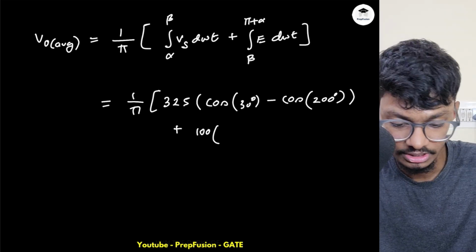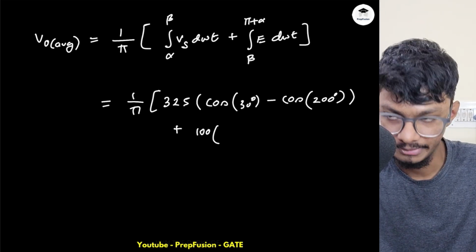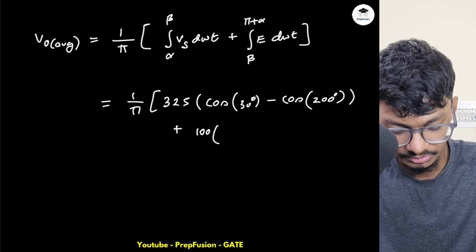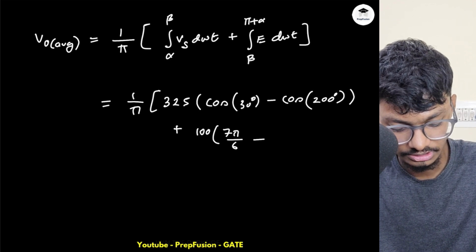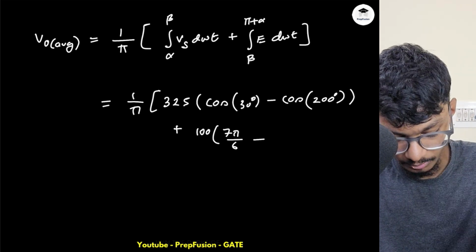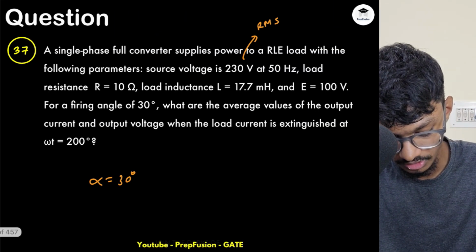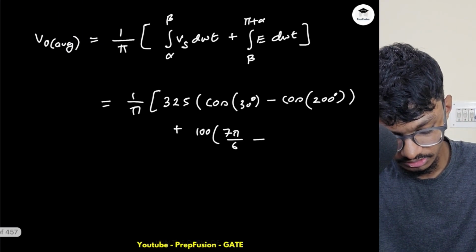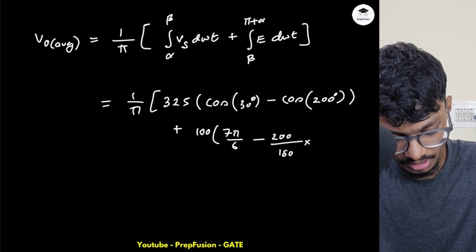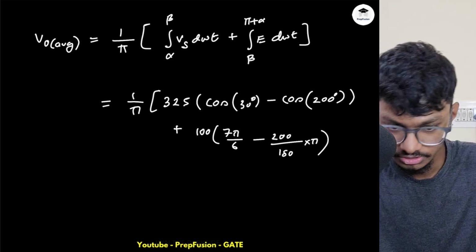This will be in radians, right? So alpha is 30, so pi by 6 in radians. So pi plus pi by 6 is 7 pi by 6, minus beta. Beta is 200, so I can write it as 200 divided by 180 into pi. Okay, this will be the value.